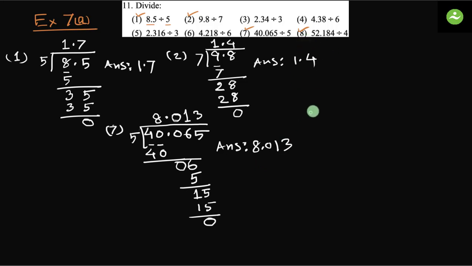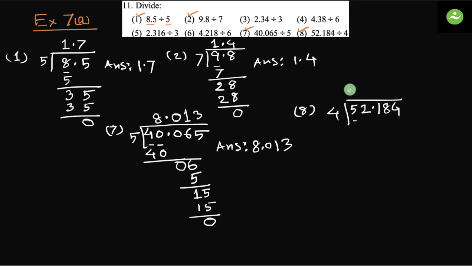The last one, number 8. Divide 52.184 by 4. Take one digit. Does it divide?